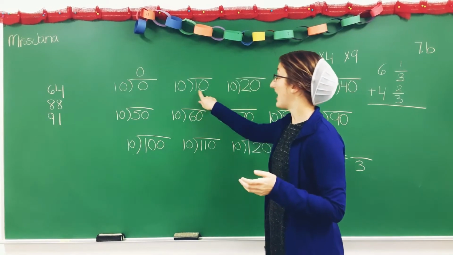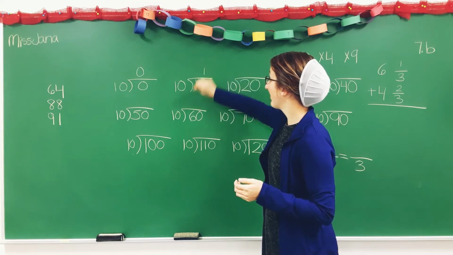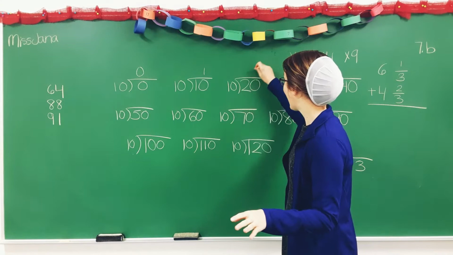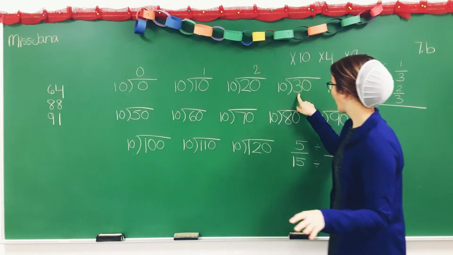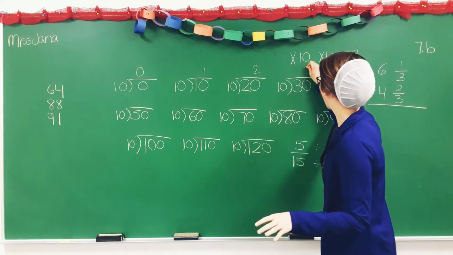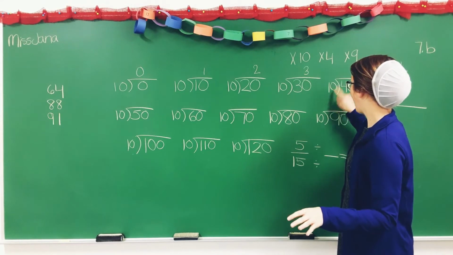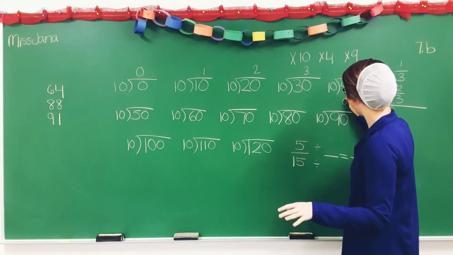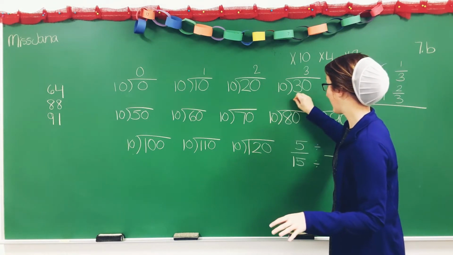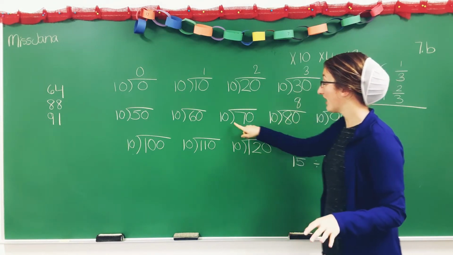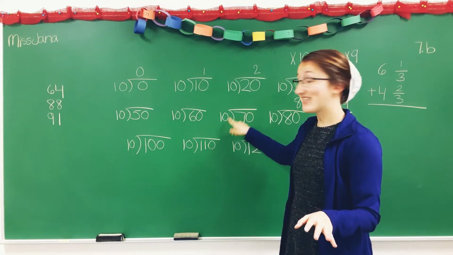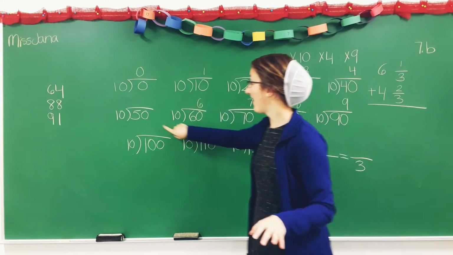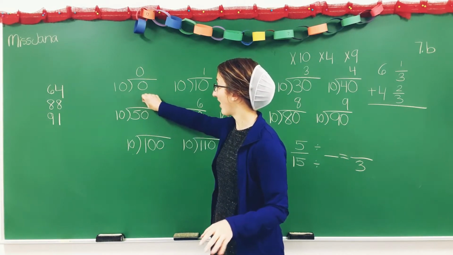Doesn't work. 10 divided by 10 is 1. 10 times 1 is 10. 20 divided by 10 is 2. 30 divided by 10 is 3. 40 divided by 10 is 4. 90 divided by 10 is 9. 80 divided by 10 is 8. 8 times 10 is 80. 70 divided by 10 is 7. 60 divided by 10 is 6. 50 divided by 10 is 5.